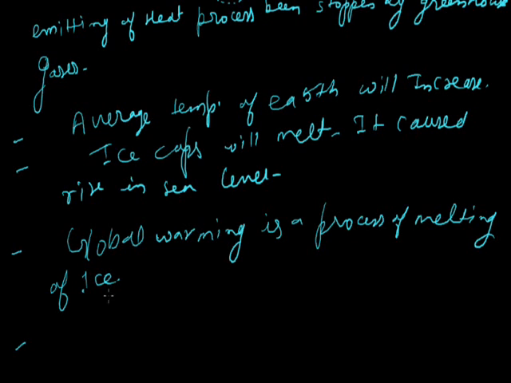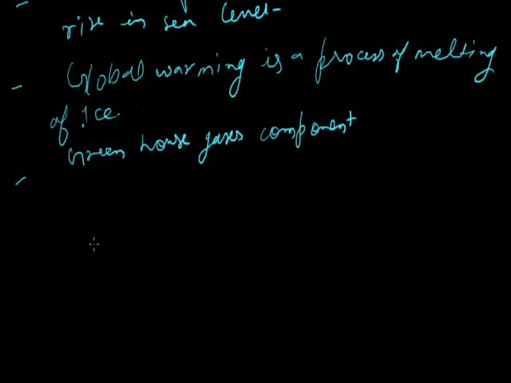And if I talk about the percentage of the greenhouse gases that cause the greenhouse effect, we have the greenhouse gas components like this. 60% of greenhouse gases are created by carbon dioxide. This is the major greenhouse gas.